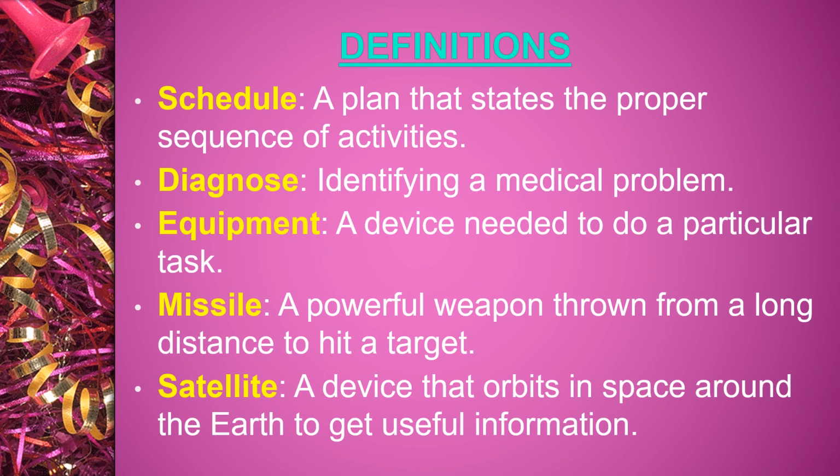Now the next one is equipment. What do you mean by equipment? Equipment is a device needed to do a particular task. Now the next one is missile. Missile is a powerful weapon thrown from a long distance to hit a target.